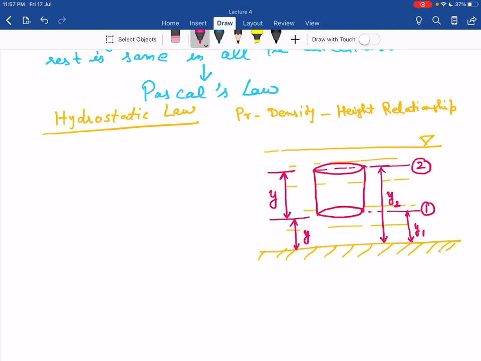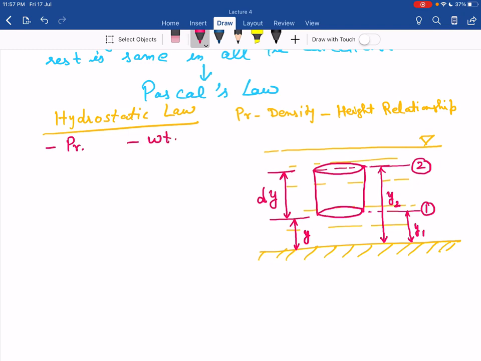So in a general way we can call it y, and say this is dy, a very small length. Now this element is under fluid static condition, so it experiences two types of forces, pressure and the weight.